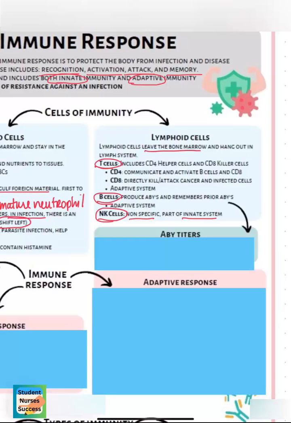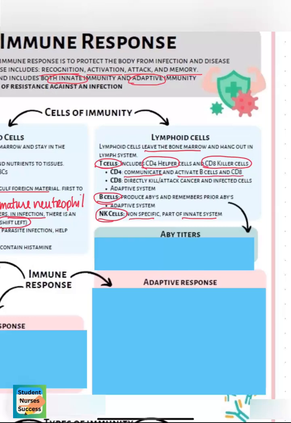They're non-specific. Our T cells are what we call cell-mediated immunity. They include our CD4 T helper cells and our CD8 killer cells. The CD4 T helper cells are important in communication and activation of our B cells and the CD8 cells.